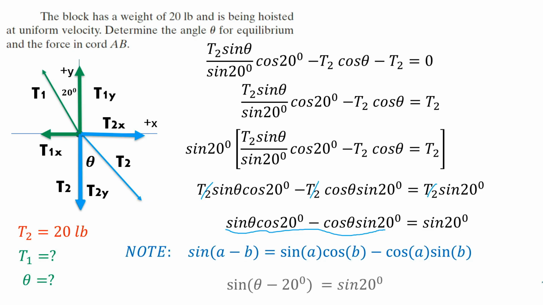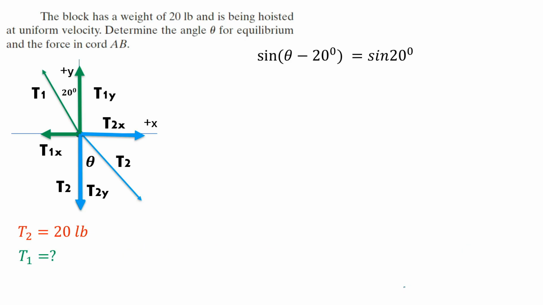So sine of theta minus 20 degrees is equal to sine 20 degrees. I can cancel out sine on both sides. What is left is theta minus 20 degrees is equal to 20 degrees. Transposing negative 20 to the other side, theta is now 40 degrees.